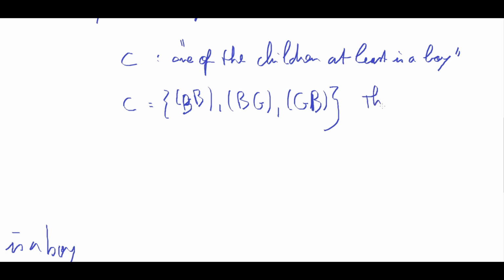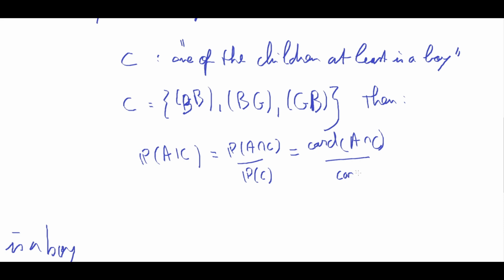Then P of A knowing C, the probability of the two children being boys knowing that at least one of the children is a boy, is the probability of A intersected C over the probability of C. Since we're working with uniform probability, it is the cardinal of A intersected C over the cardinal of C, and it is 1 over 3, because we have only one occurrence where the two children are boys, and the cardinal of C is equal to 3.